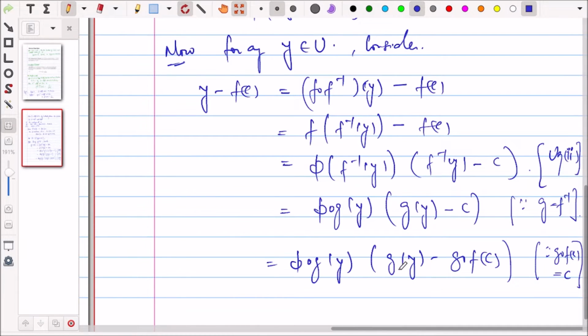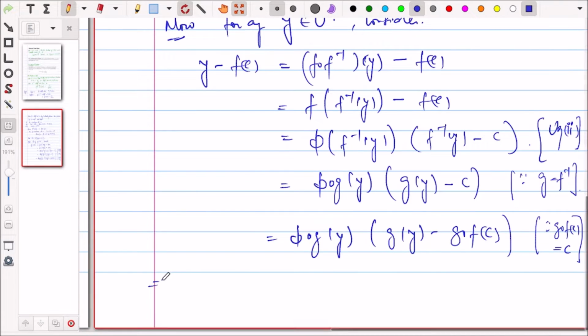Now look at this form, this is what we needed: g of x minus g of something should be equal to some function times y minus fc. So the same thing is coming out.